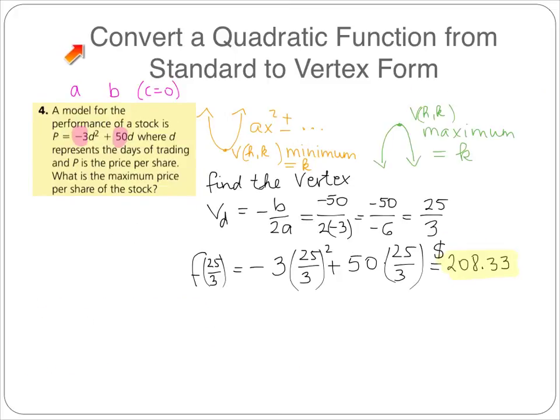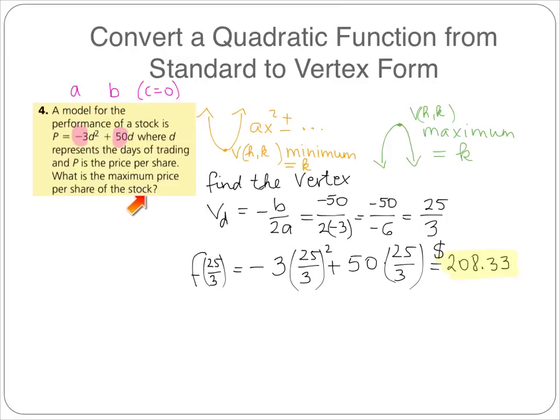Another problem to convert a quadratic function from standard to vertex form. It's a word problem. A model for the performance of a stock is modeled with this equation. d represents the days of trading, and P is the price per share. What is the maximum price per share of the stock?